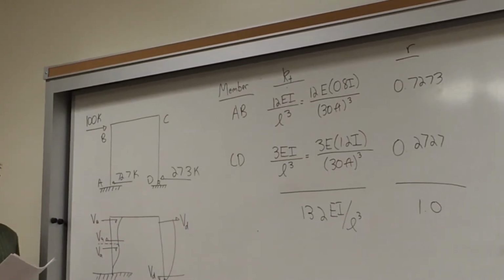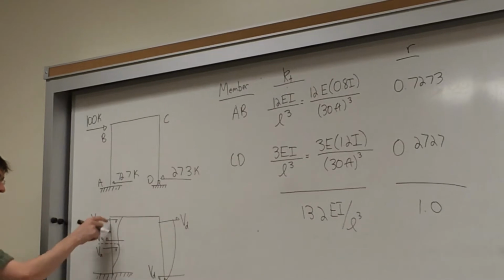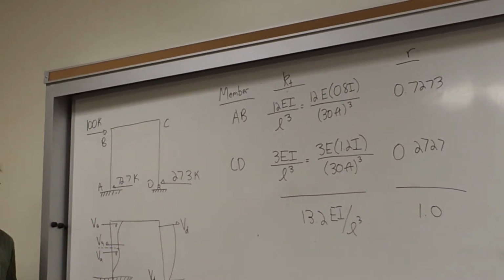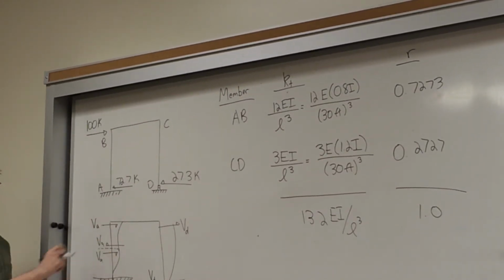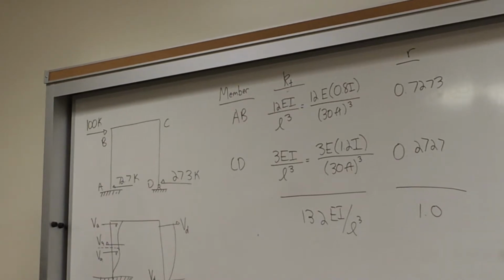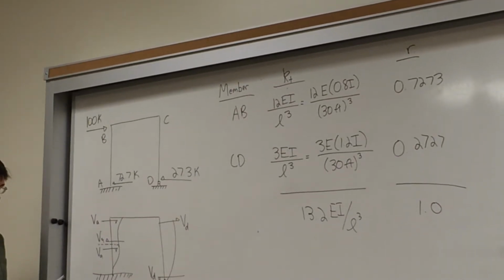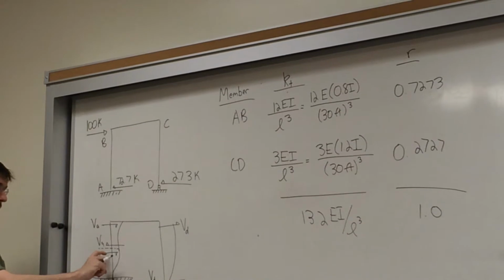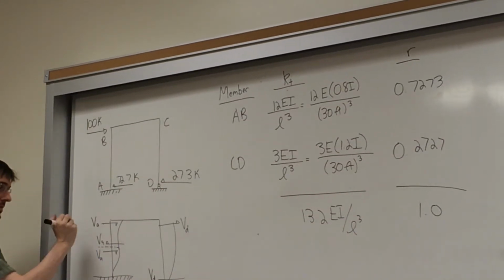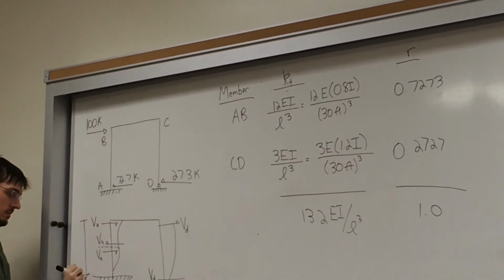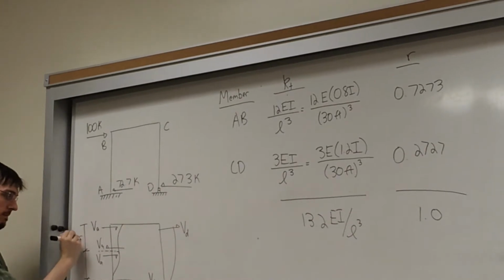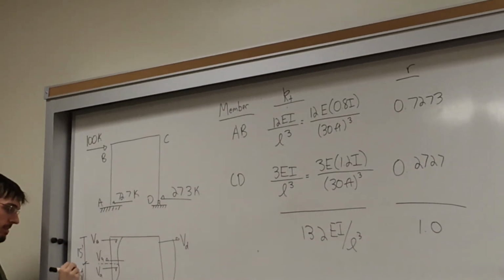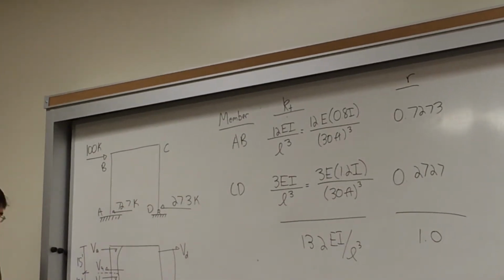So what you can do then is you can develop moments at the fixed ends of these columns based on these shear forces. So this is accounting for this sway of the frame. And so the moment for this guy right here, those each could be 15 feet.